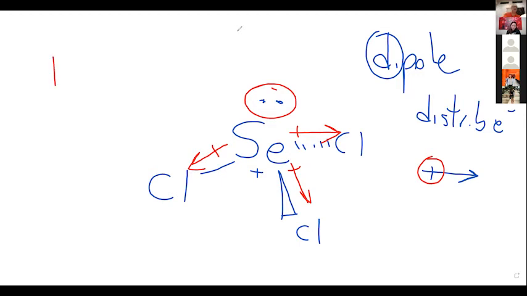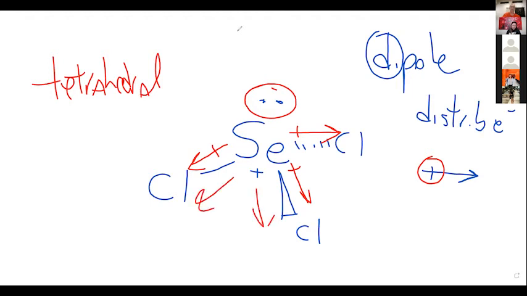Remember, this is a tetrahedral shape, meaning that this bond and this one and this one are all pointing down, because the shape is going to look like this, all pointing down with your lone pair on the top. So if they're all pointing down, does that mean they add up together or do they cancel each other out?